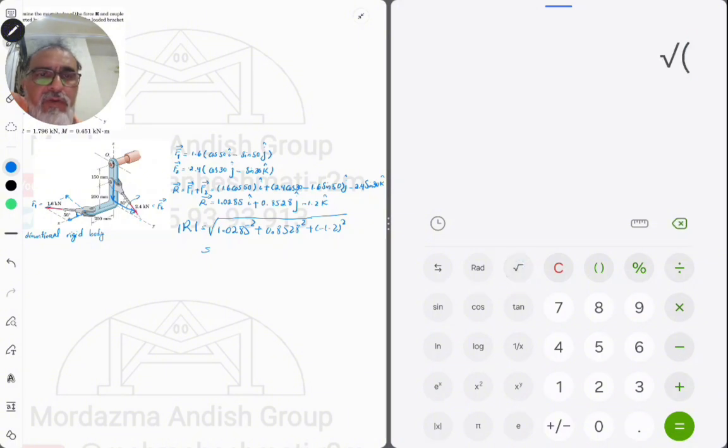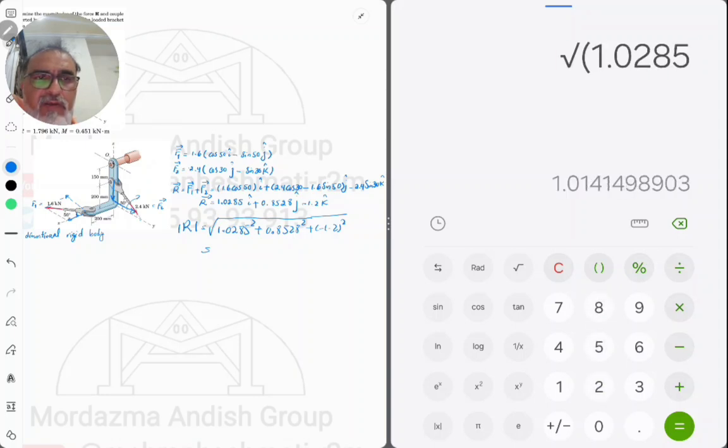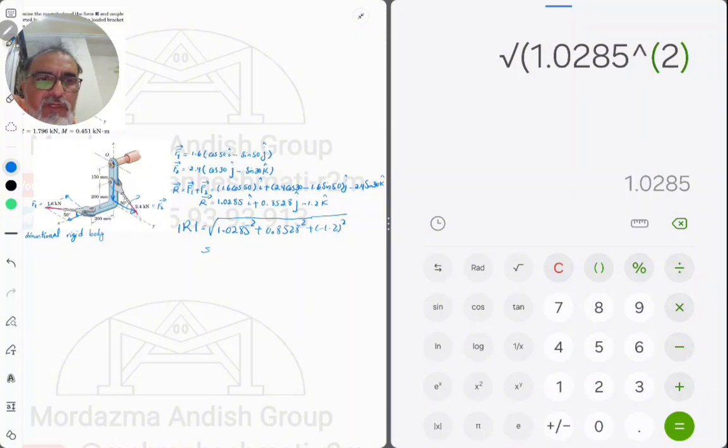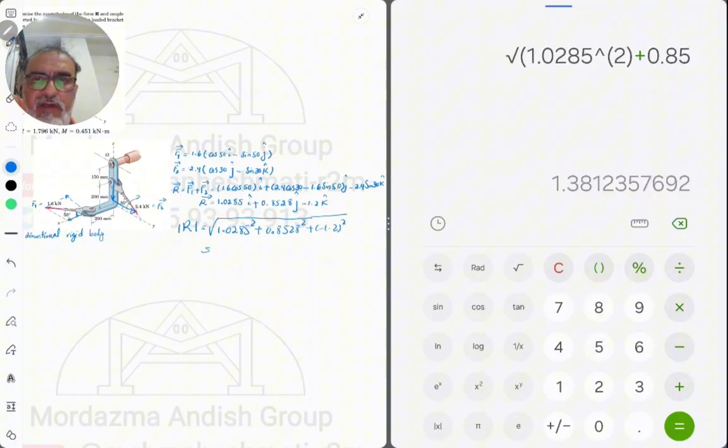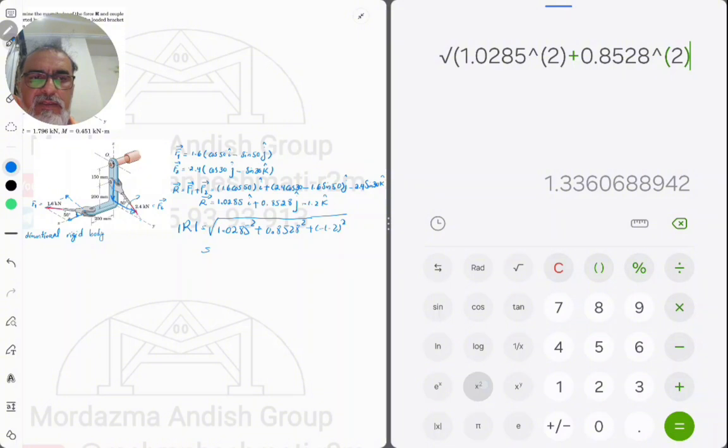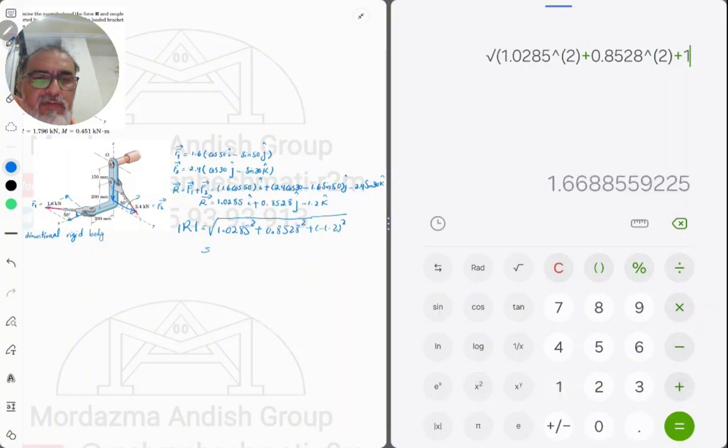Okay, square root of 1.0285 squared plus 0.8528 squared plus 1.2 squared.